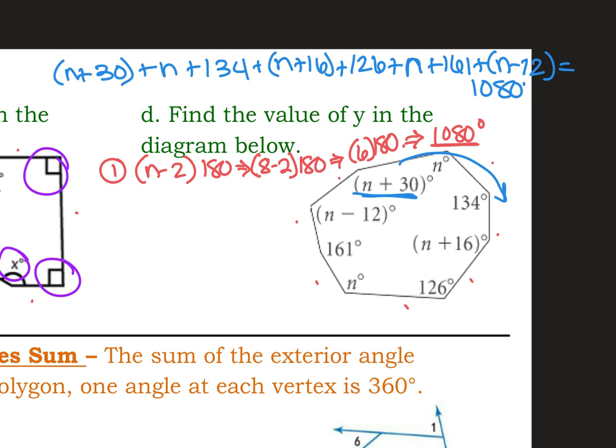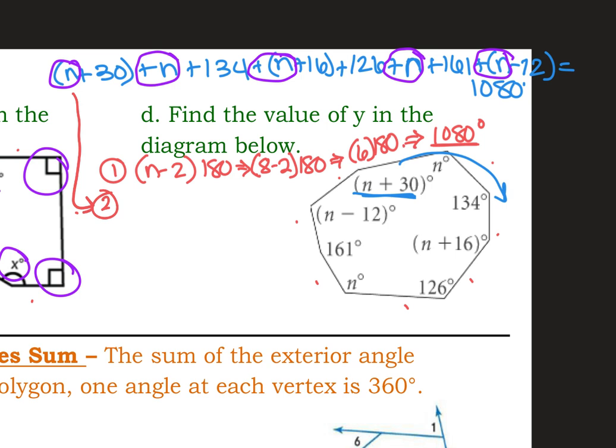All right, so we're going to combine like terms. I'm going to take one n plus another n plus another n plus this n plus this n, and add them together. How many n's do I have? They're all 1 n, right? So 1, 2, 3, 4, 5 n's. All right, we're going to bring it down here. Step 2.